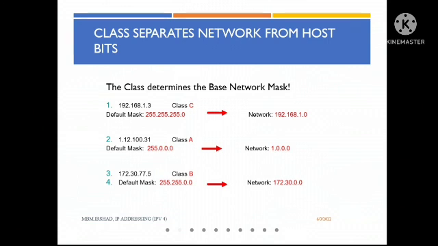The first two octets belong to the network portion. With the given IP address 172.30.7.5, the network address should be 172.30.0.0. So 0 refers to the network address.